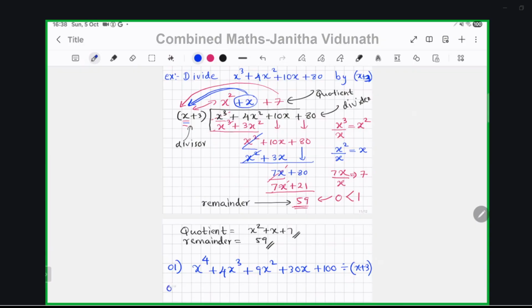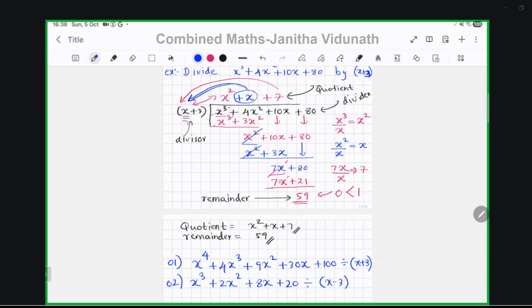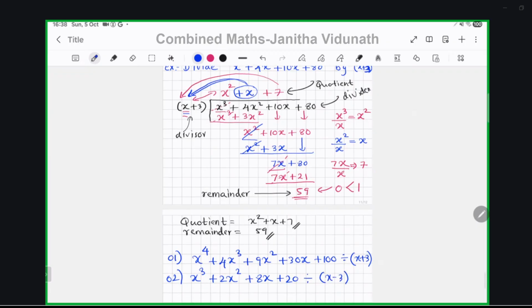The second one is x cube plus 2x square plus 8x plus 20 divided by x minus 3. Do the first question only and send me the answers.